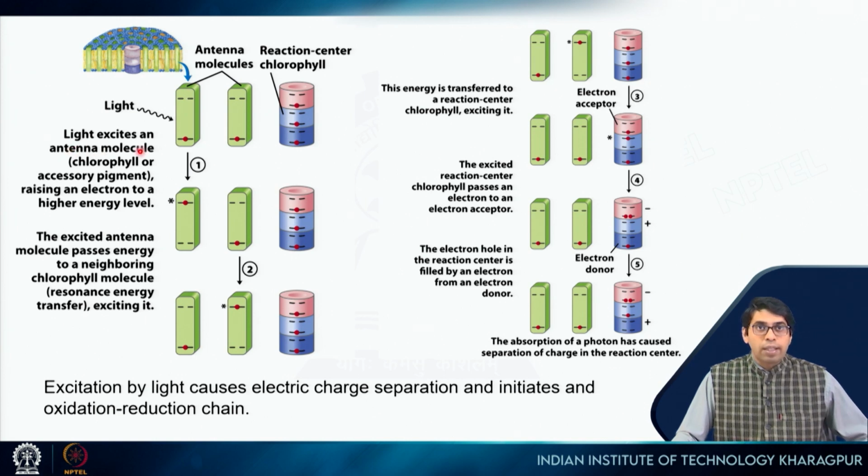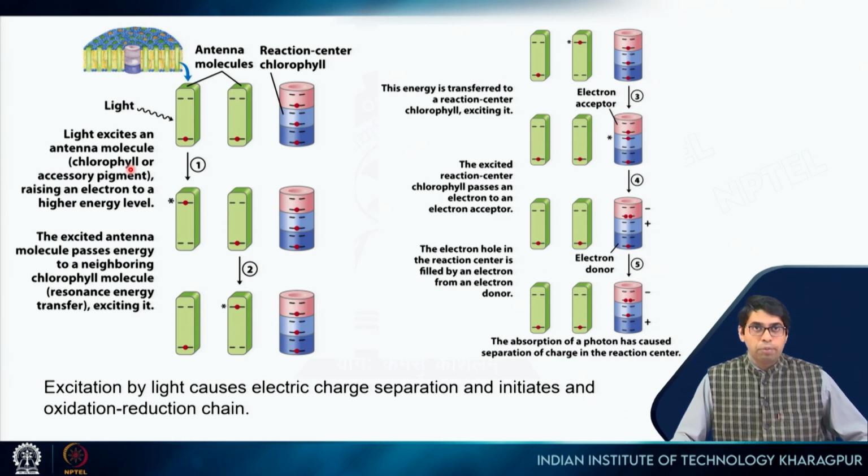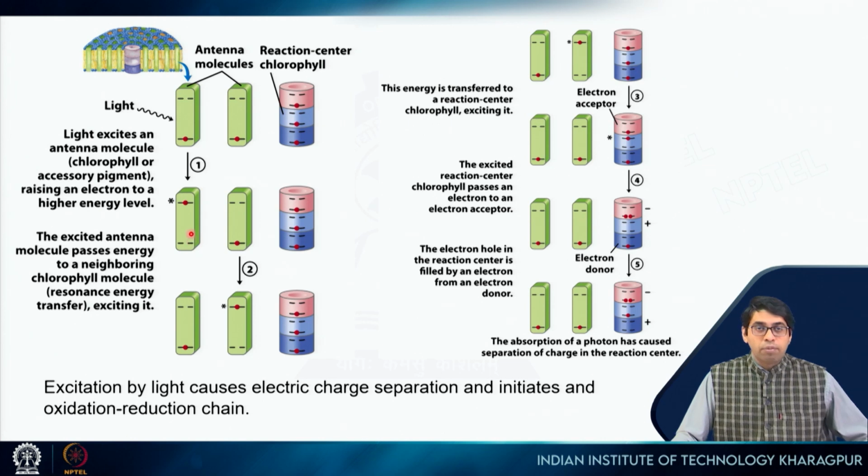So light excites an antenna molecule, it can be chlorophyll or beta carotene or any other pigment, and it raises the electron to an excited state. So this is, let's say, the ground state and this is the excited state. When light comes in, it will excite this electron to the excited state and that is shown here by this star. Now this chlorophyll is excited, and there is another chlorophyll which is physically right next to it.